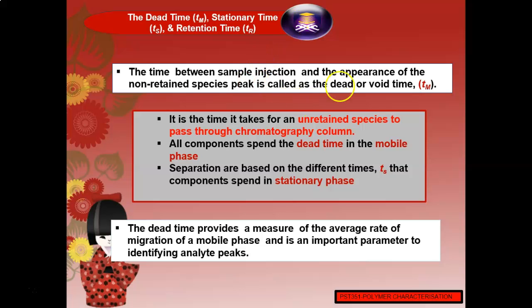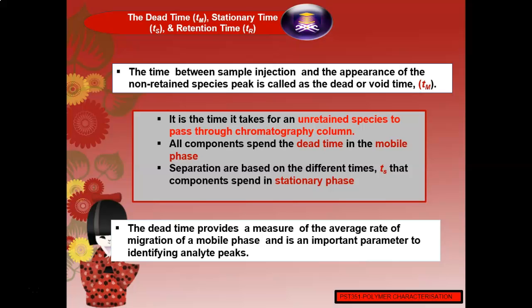So you need to know the actual position of Tm on the chromatogram, so that you can make a calculation to determine the retention time, the selectivity, the capacity factor, and so on.